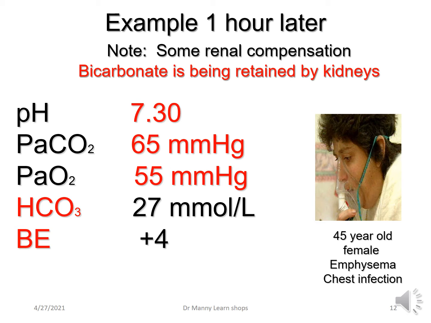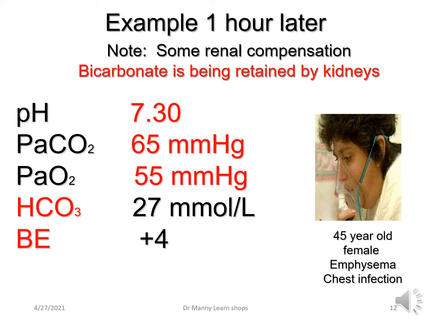Now, let's say an hour later, you've got some renal compensation, even though renal compensation isn't that quick. It takes anything from 24 to 72 hours to become effective. But this is just an example. So, in an example, an hour later, the bicarbonate is being retained by the kidneys.